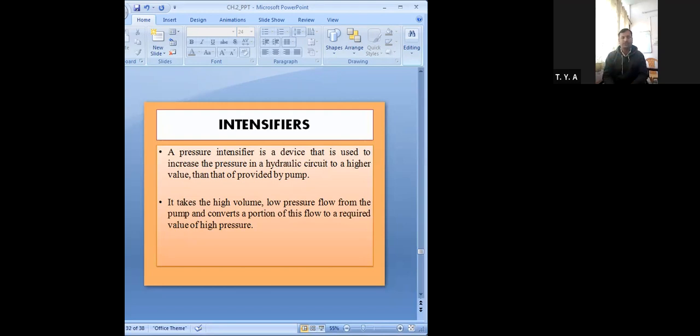That is the simple function of our pressure intensifier. Getting it? This pressure intensifier is also known as a pressure booster. Once again, these pressure intensifiers, also known as pressure boosters, are used to compress the liquid. Now, how does it increase the pressure? By compressing the fluid in the hydraulic system.